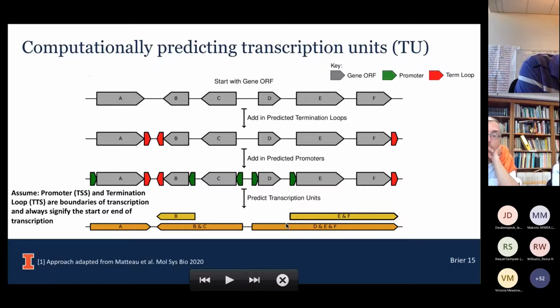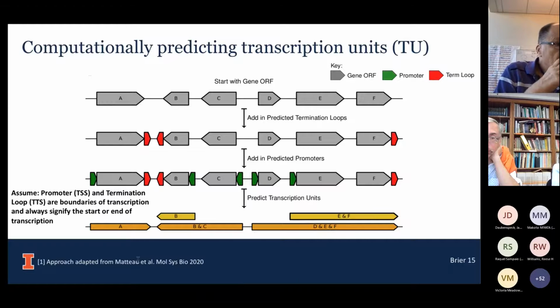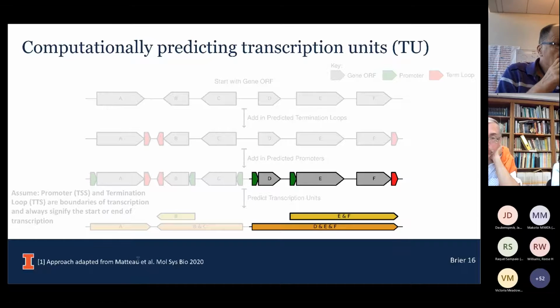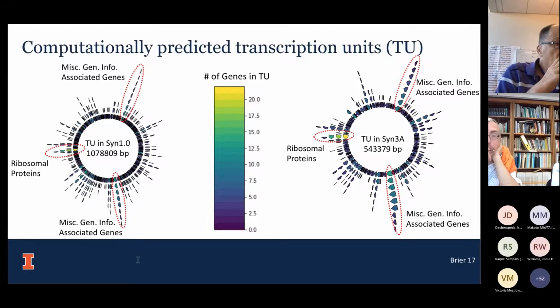In this transcription unit here, the 3 genes would be transcribed, and in this one, only genes E and F would be transcribed. This is work that has been adapted from work done in Mesoplasma florum.